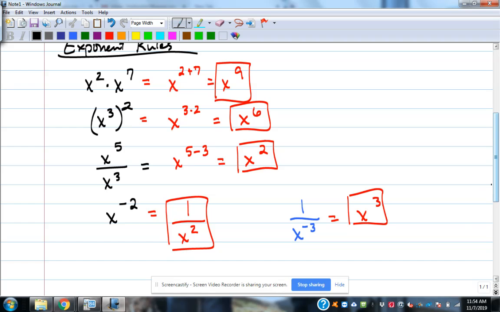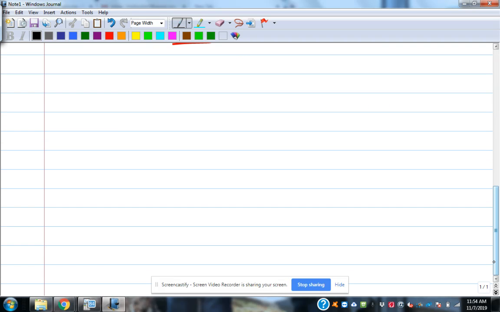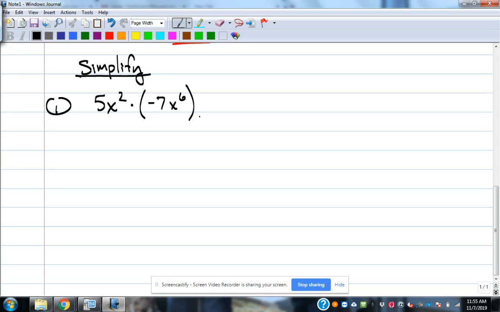All right, so let's do some problems where we're going to simplify. Number one, say we have 5x squared times negative 7x to the 6th. So throwing some numbers in there as well. What do we do with those numbers that are in front? Multiply them.